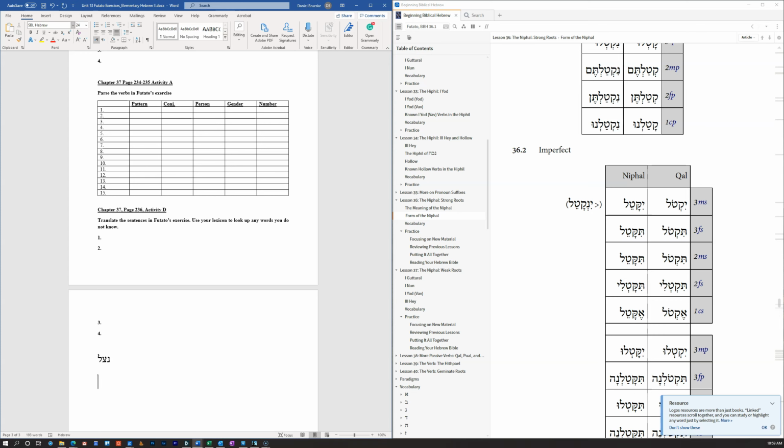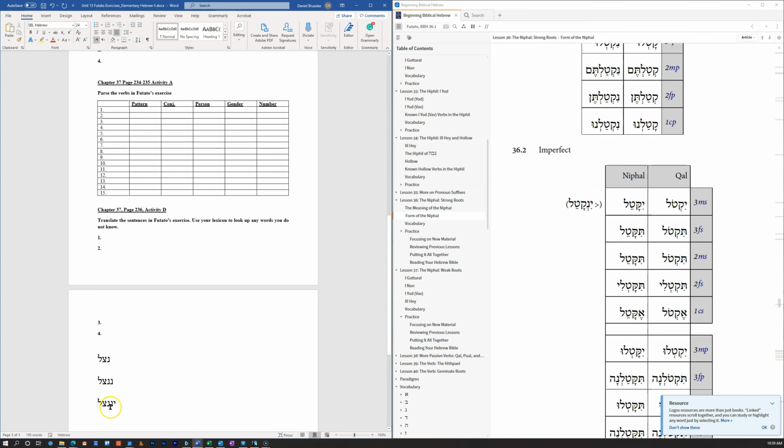So what's going to happen here is we're going to add our Niphal prefix, ni, natsal. And then we're going to add our imperfect prefix, which is going to be ye, nenatsal.